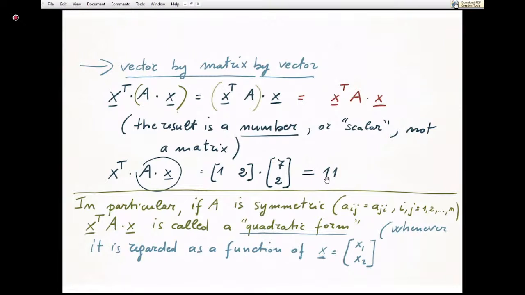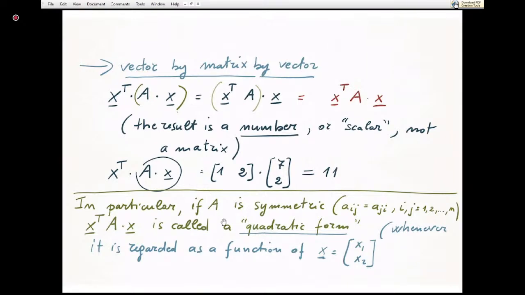This is the reason why this is a scalar, because AX is already a column vector, and if you left multiply by X transpose, row vector by column vector, we know already it is a scalar.